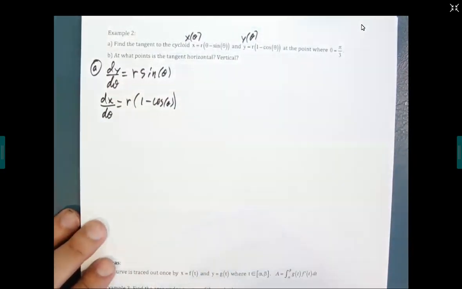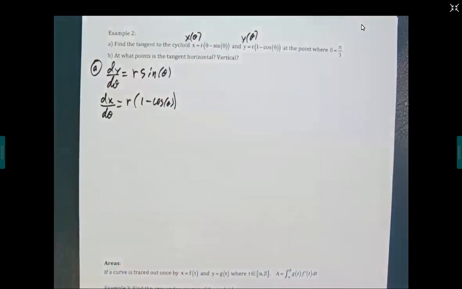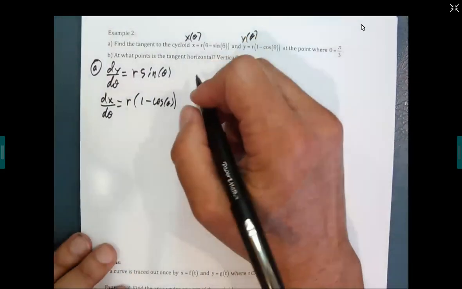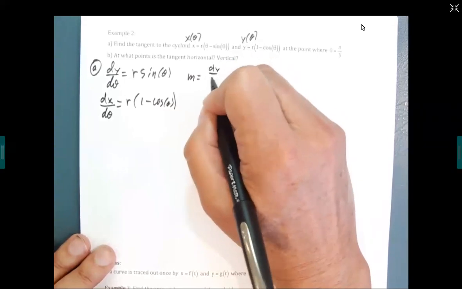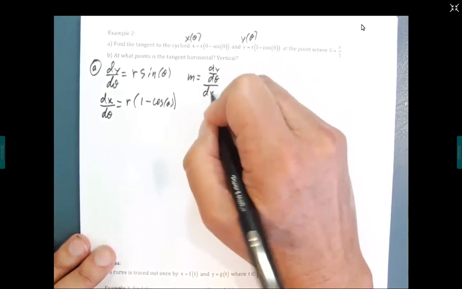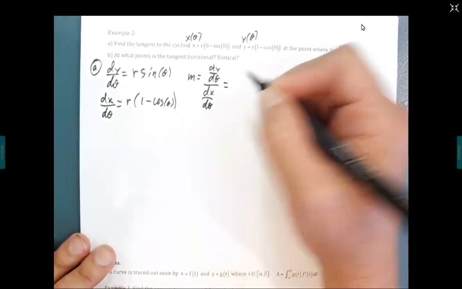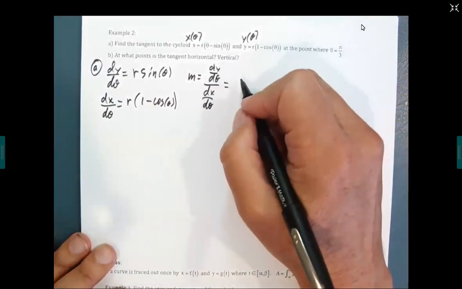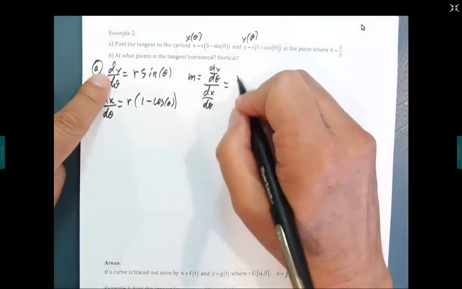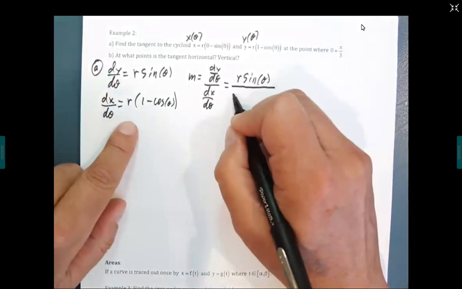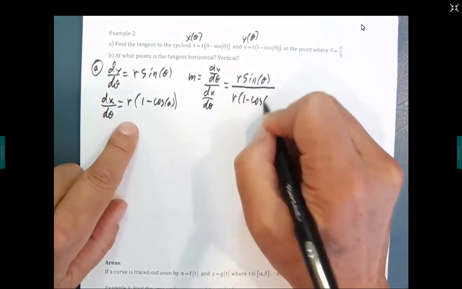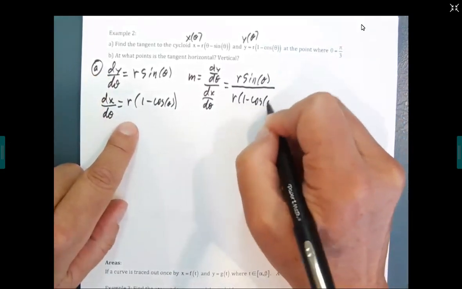So they're actually derivatives and antiderivatives of one another. So our tangent slope is here. So remember, dy d theta goes up top. And you'll note the r's reduce out.